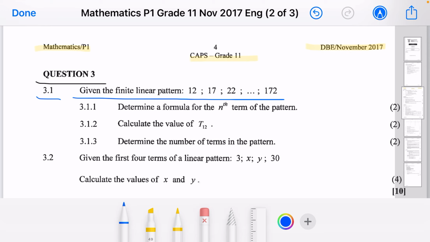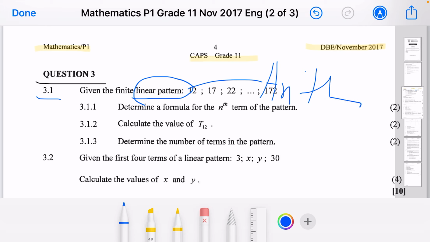I just want you to be aware of something. They've indicated that it is a finite linear pattern, which is massively important. Remember, a linear pattern is also an arithmetic pattern or arithmetic sequence.